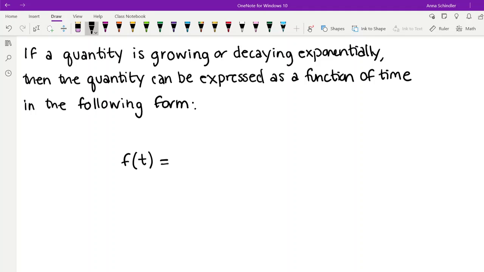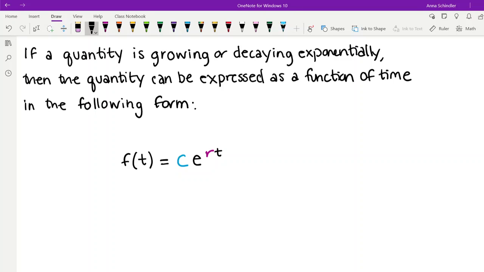So it's going to be f of t is equal to c, and I'll tell you what c represents in a moment, times e to the r t. So e here just is the number e, and so that's always going to be there. And so this r is going to represent the growth rate, and then t is just your variable. So I know it looks like we have 4 letters here, but only 2 of them are kind of numbers that you're substituting out.